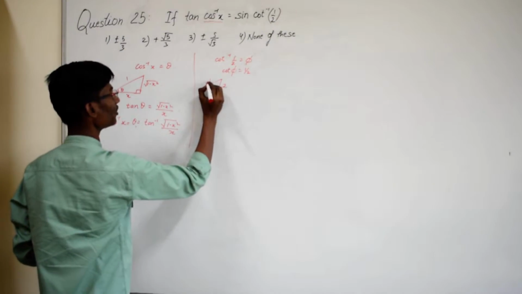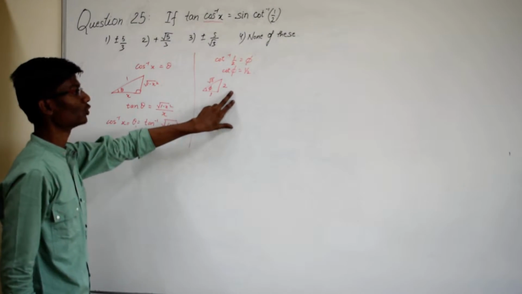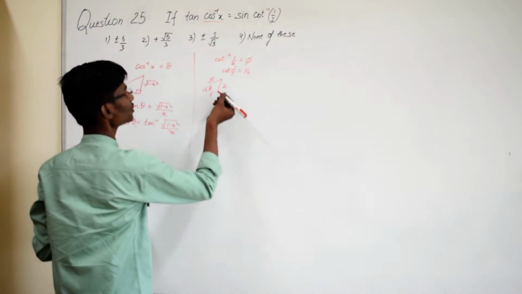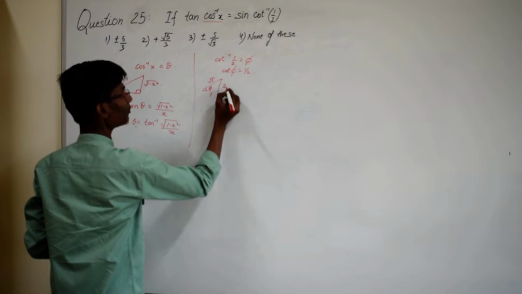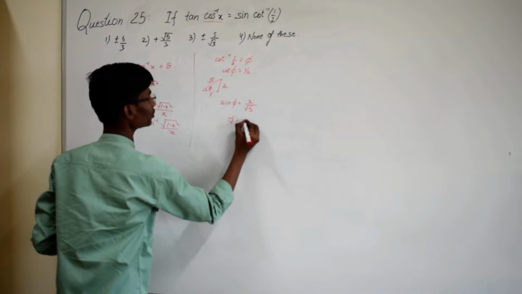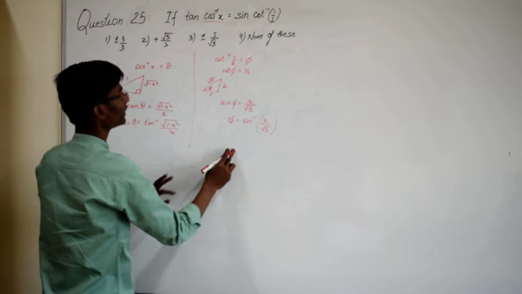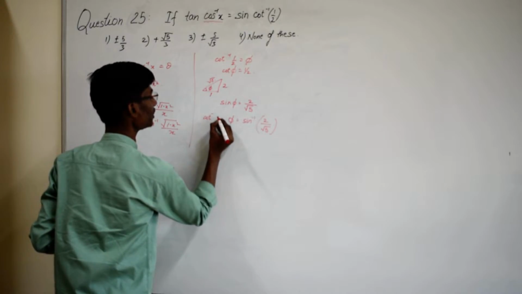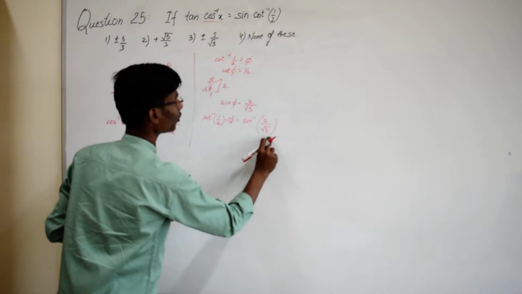Again by Pythagoras theorem, the hypotenuse is under root of 2 square plus 1 square, that is under root 4 plus 1, that is root 5. So sine of phi equals perpendicular upon hypotenuse, that is 2 upon root 5. So phi equals sine inverse of 2 upon root 5. And as we already assumed that phi is cot inverse 1 by 2, cot inverse 1 by 2 equals sine inverse 2 upon root 5.